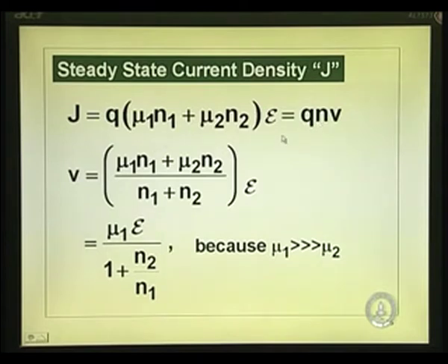The q gets cancelled, and I get velocity equal to (mu1 n1 plus mu2 n2) into E, divided by n, where n is n1 plus n2.